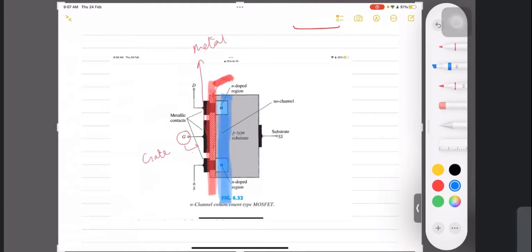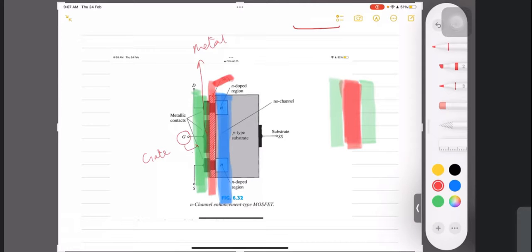And this part is metal. That's why it is something like two conductors separated by a insulator.